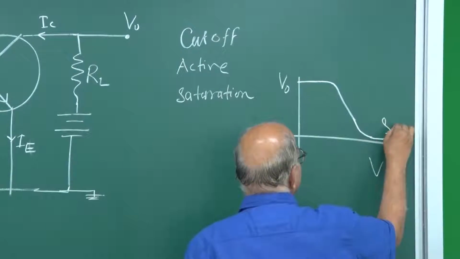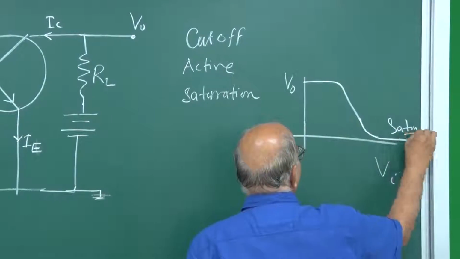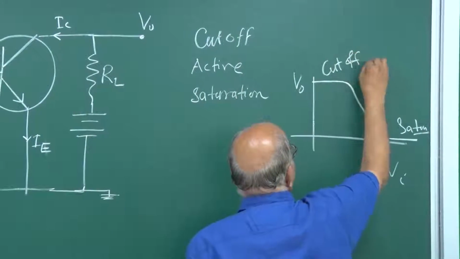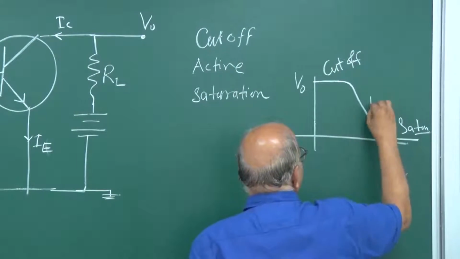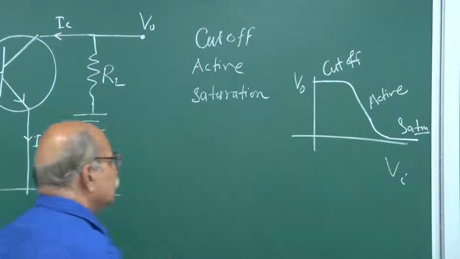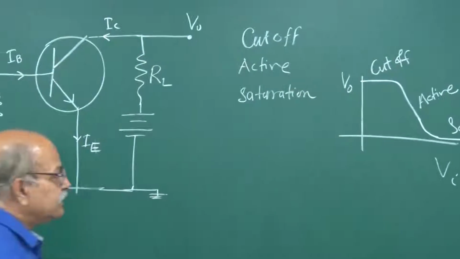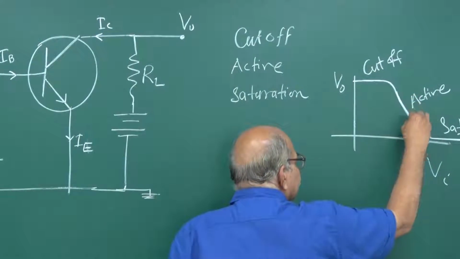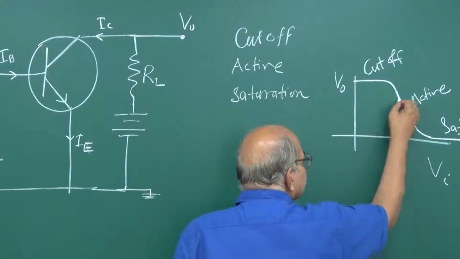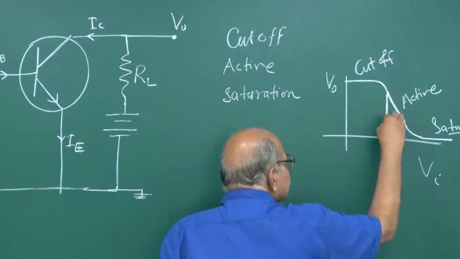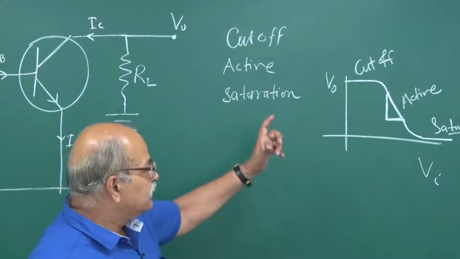So this is saturation region, this is cutoff region, and then this linear part is active region. These are the things. This we talked. And then in the active region, the linear region, if you increase VI, then this VO decreases, but there will be an amplification.